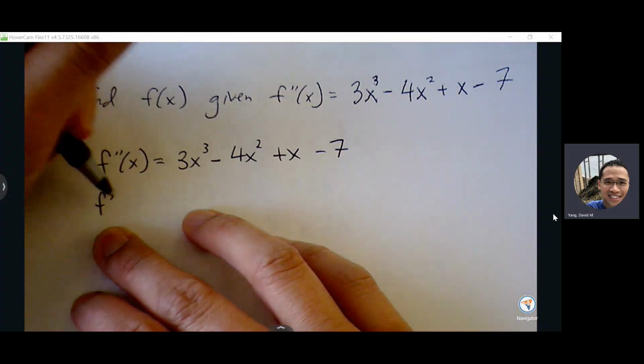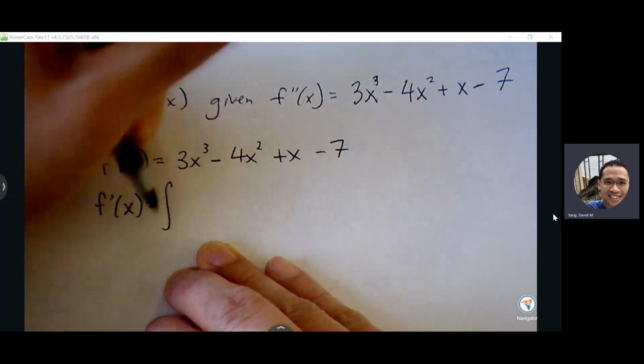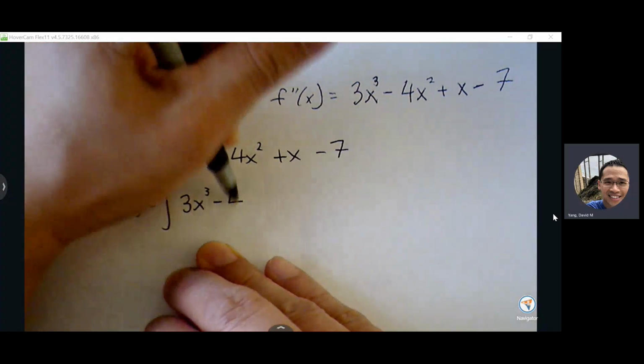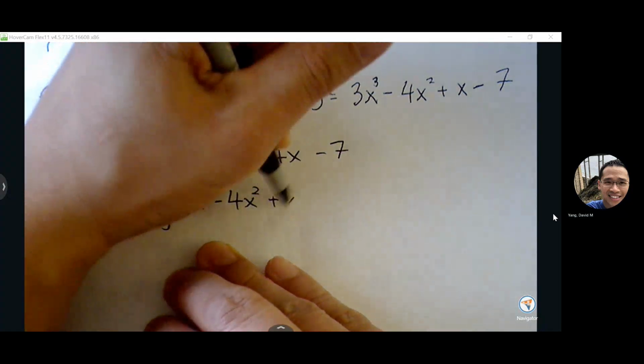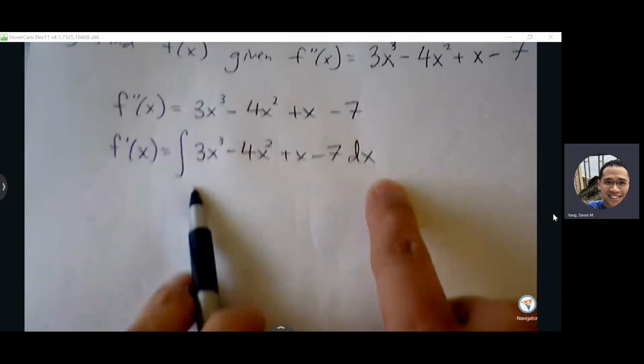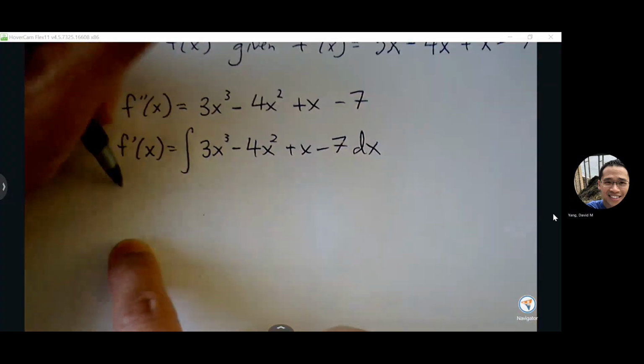We know that to get from f double prime to f prime, I need to take the antiderivative. So I just want to produce the notation to indicate what I'm about to do. Once I provide a notation, then I'm going to take the steps necessary to resolve that.